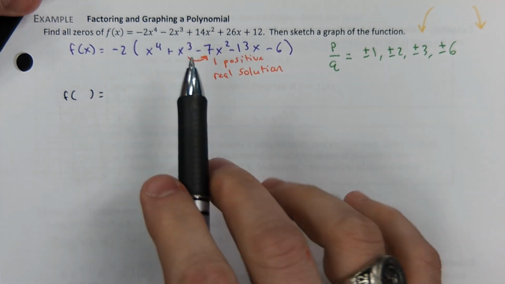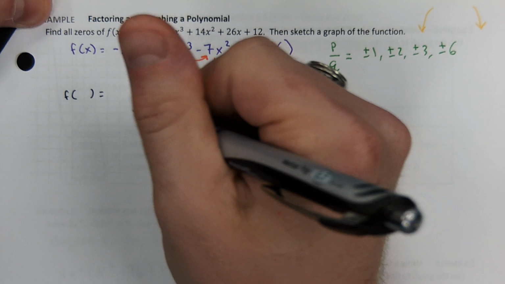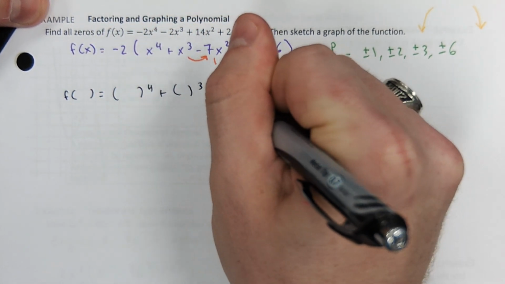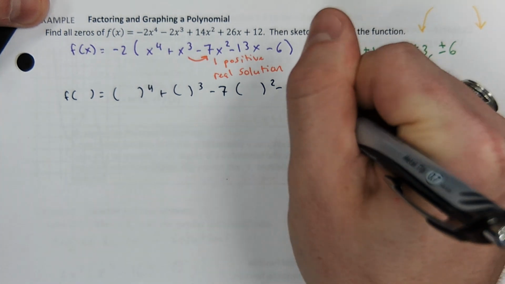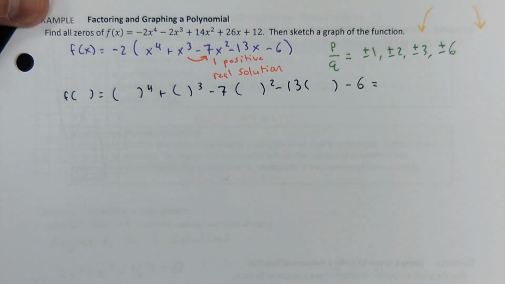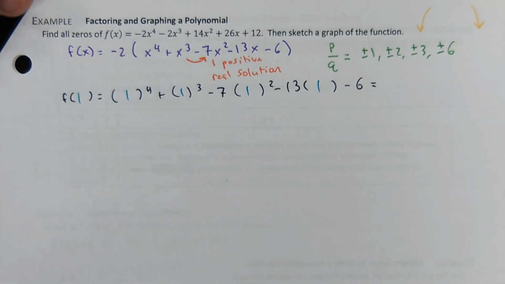And again, I'm looking here, not at the original. One, one, one, one, one. There it is. And we hope, remember, we're trying to get a 0.